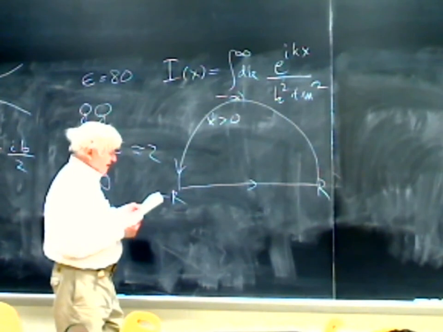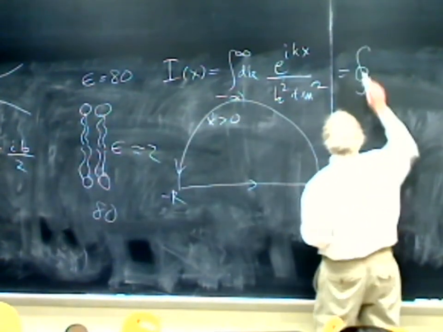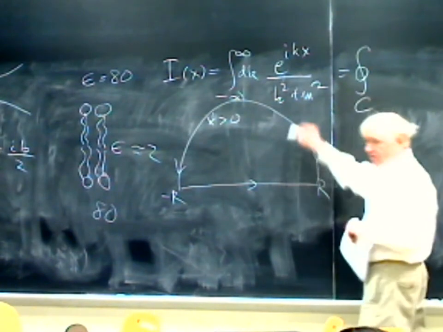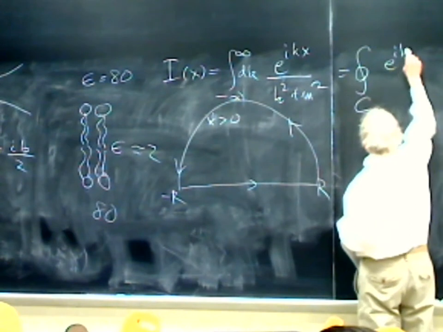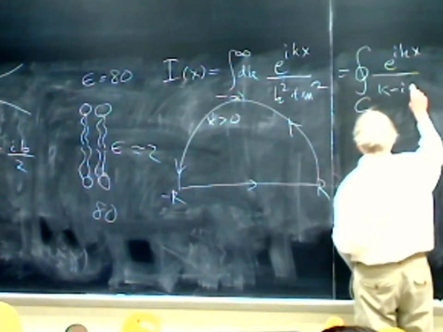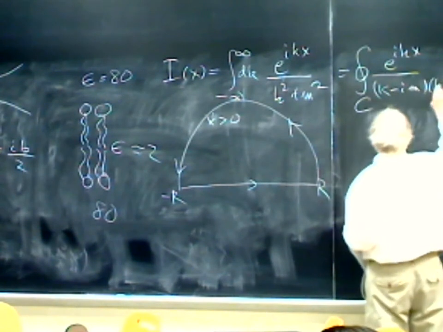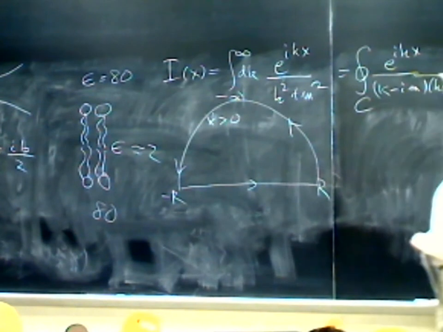Then what we're doing here is the same as the integral over this total closed contour of e^(ikx) over (k minus im)(k plus im) dk. That's our integral.